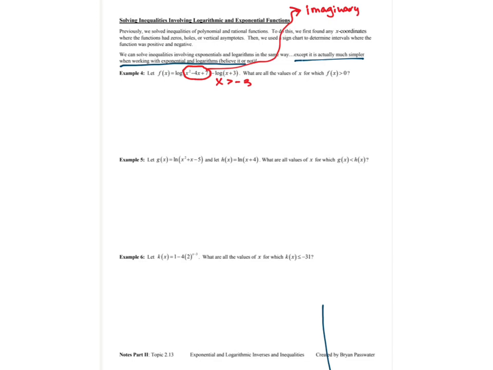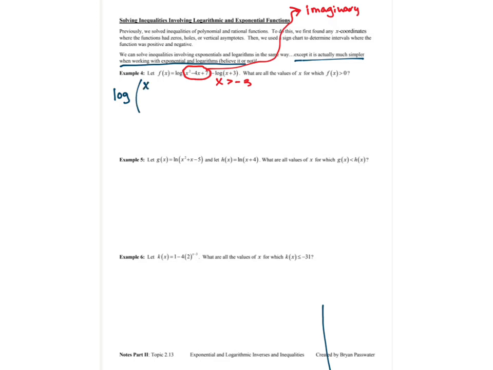Okay, so now we've got 2 logarithmic functions. They're being subtracted, so what we are to do is condense them. We're going to have log of, what's the base? 10. So we don't write a base.